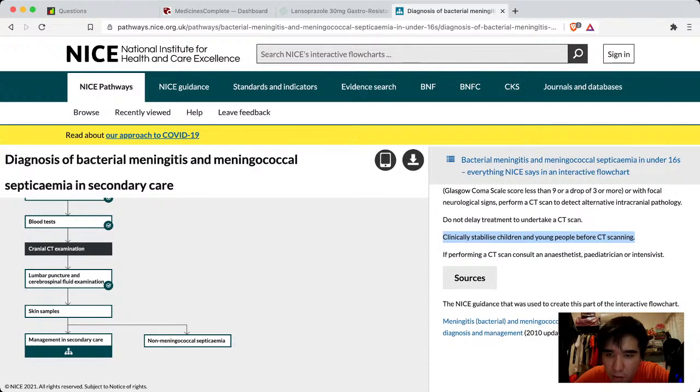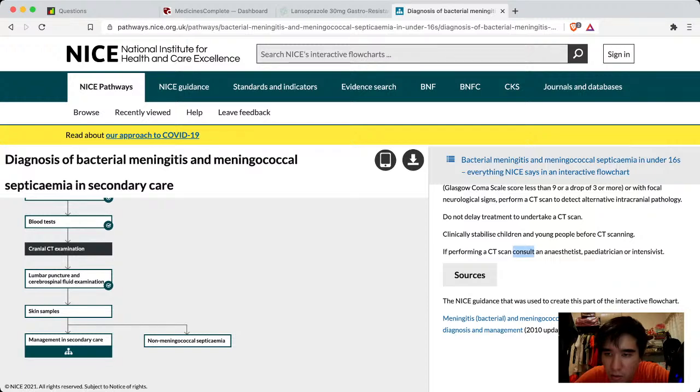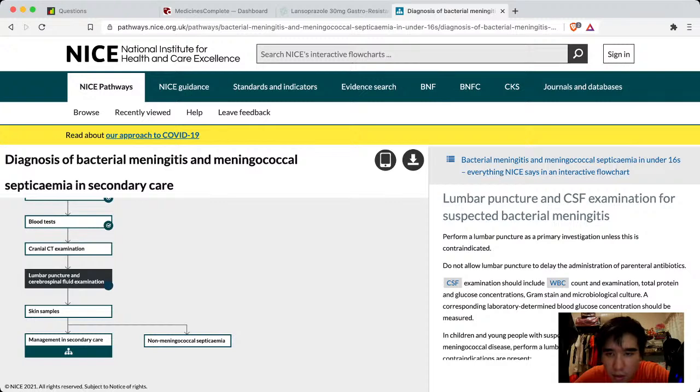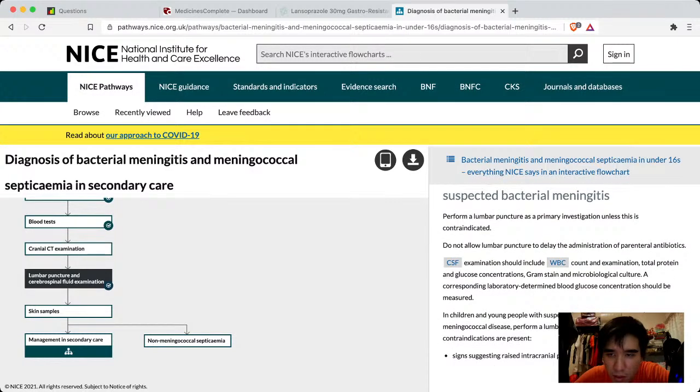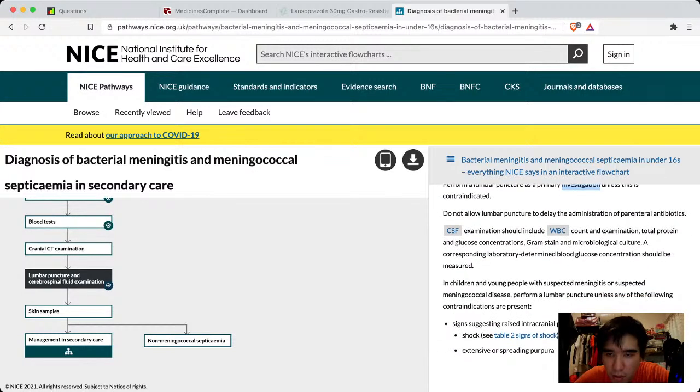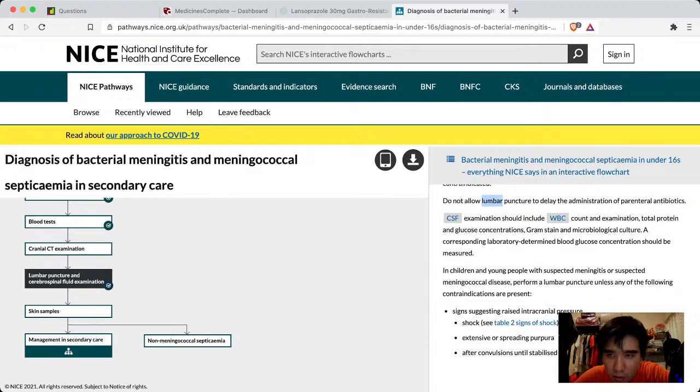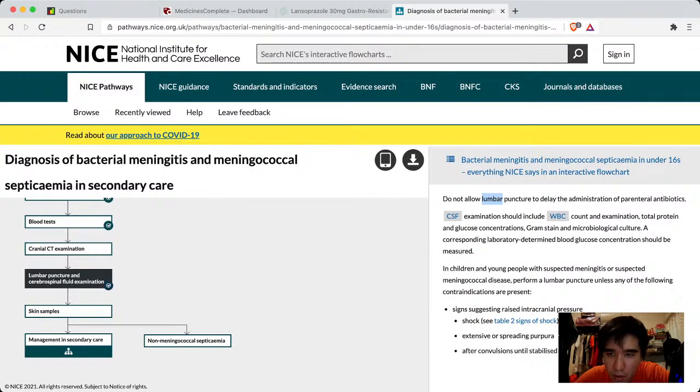Clinically stabilize before CT. If performing, consult a senior. Lumbar puncture is a primary investigation, unless contraindicated. Don't delay antibiotics because of a lumbar puncture.